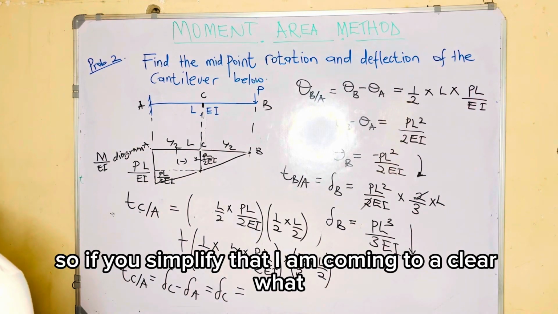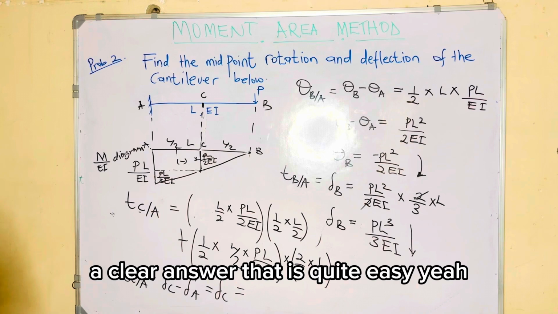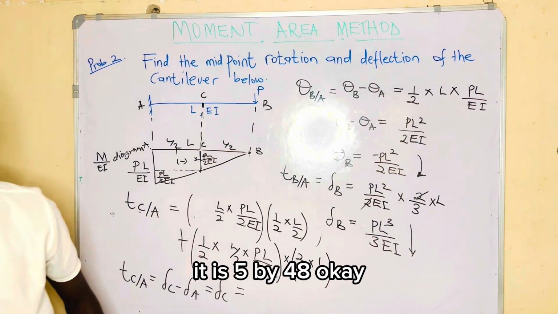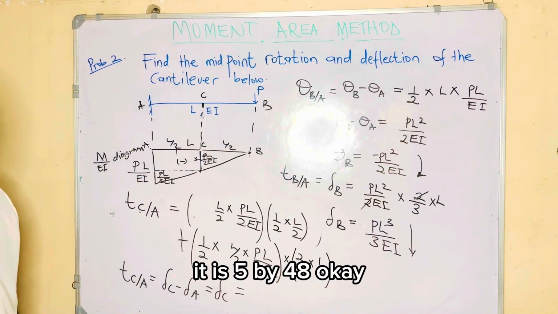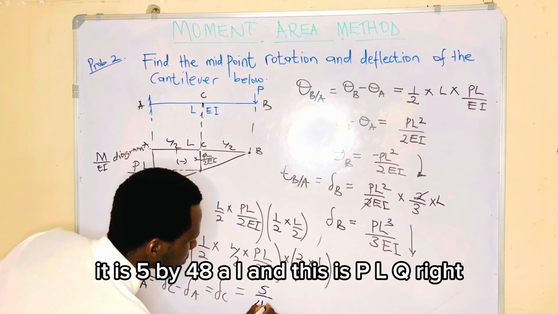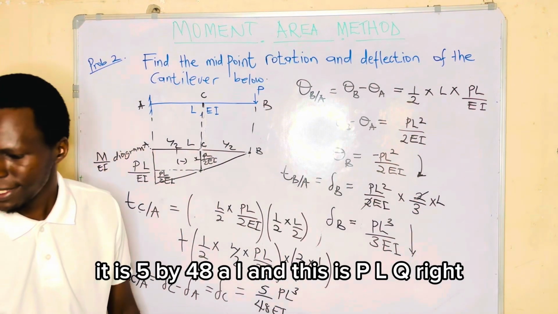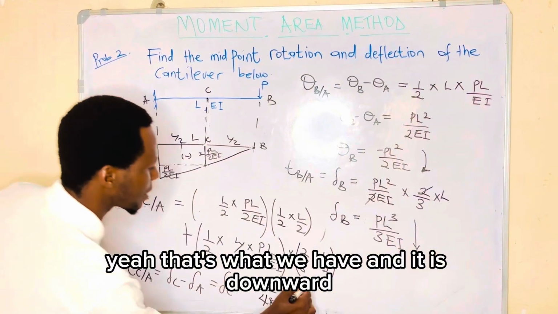So if you simplify that, I am coming to a clear answer that is quite easy. Yeah, it is 5 by 48 EI, and this is PL³, right? Yeah, that's what we have, and it is downward.